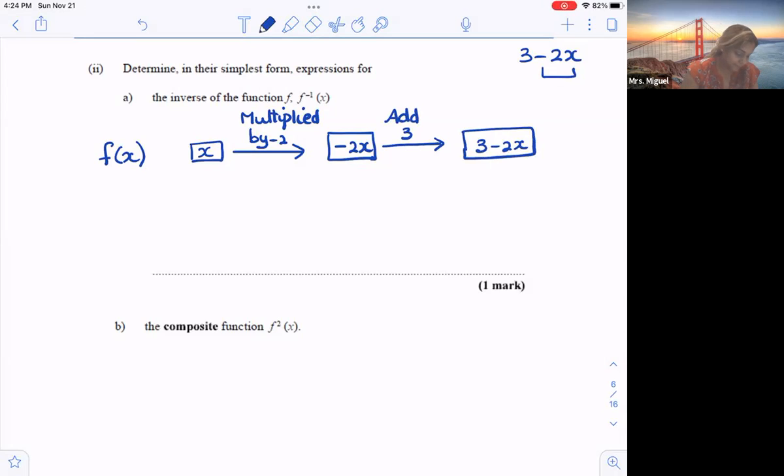Now, I want to find the inverse. So I am going to perform the opposite operations, right? So if I start off with x, the opposite of add 3 is subtract 3.